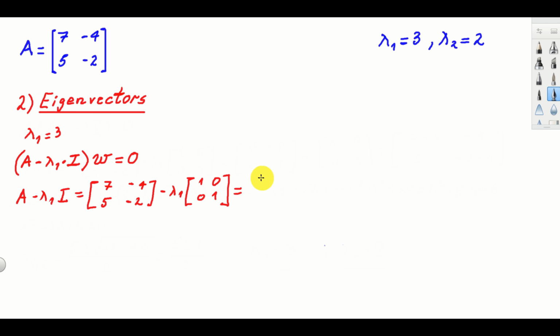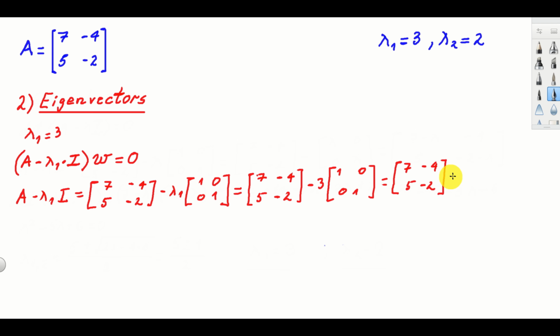Then we have further 7, minus 4, 5, minus 2, and lambda 1 is obviously 3, so we have minus 3 multiplying 1, 0, 0, 1, and we further have 7, minus 4, 5, minus 2, and over here we will have minus 3, 0, 0, 3.